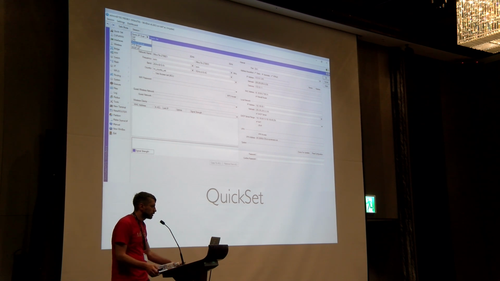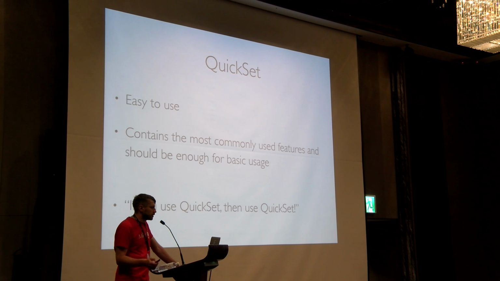So if you would like to apply configuration in a very fast way, this is QuickSet. But be aware that as soon as you want to make some advanced configuration, you need to use Winbox or the console to apply that configuration. So if you just want to apply basic configuration, you use QuickSet. If you want to apply other normal or advanced configuration, you use Winbox or the console.